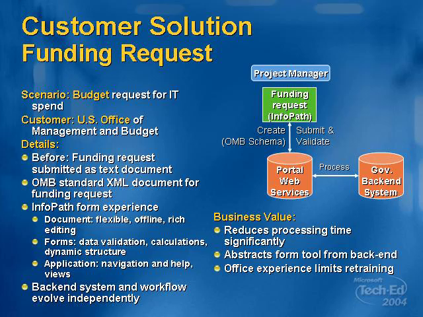What the Office of Management and Budget, or OMB, did was first create a standard XML schema for budget requests. This was done actually before InfoPath and is part of the whole idea of standardizing on schemas, which InfoPath can work really well with. And then InfoPath created a form experience.